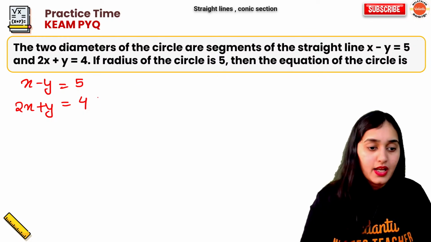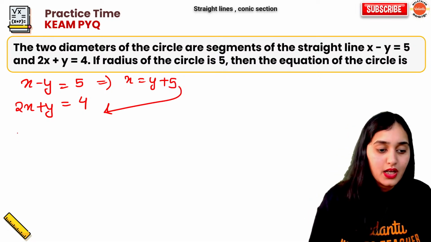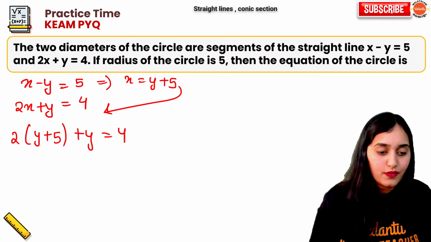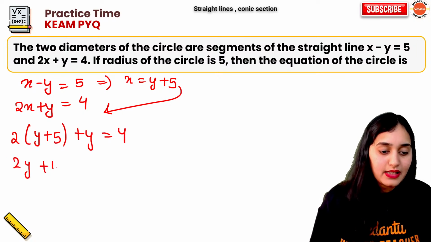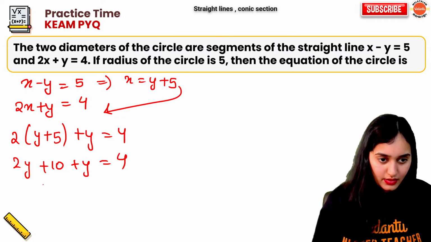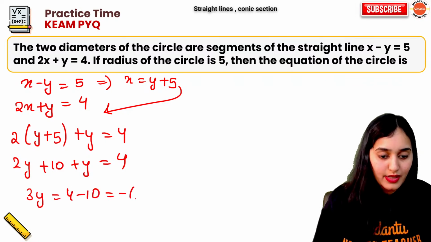If x minus y is 5, this implies that x is y plus 5. Put it here. So, 2 times of y plus 5 plus y is equal to 4. So, 2y plus 10 plus y is equal to 4. So, this is 3y is 4 minus 10 is equal to minus 6.